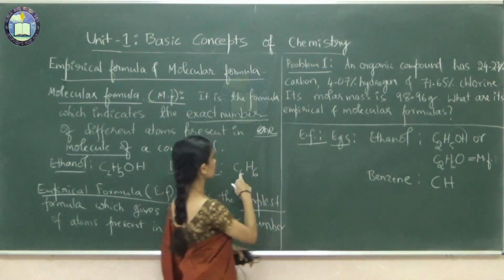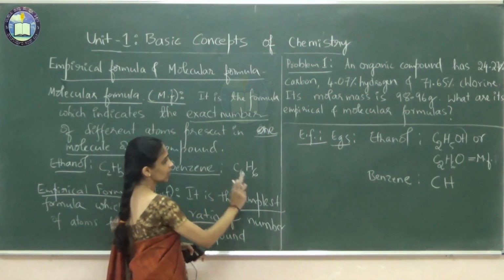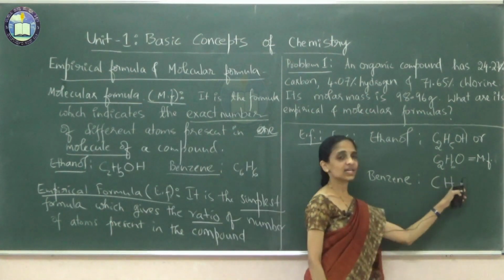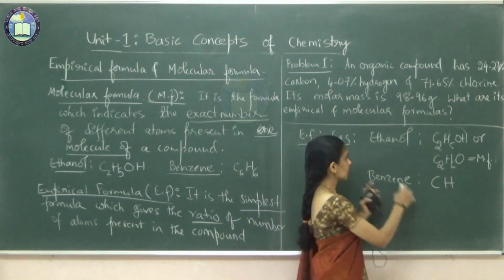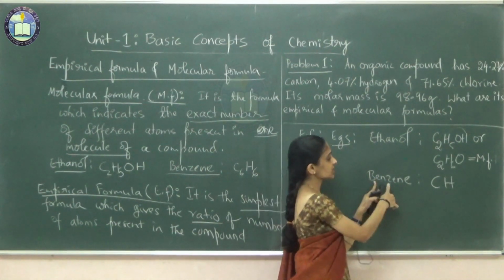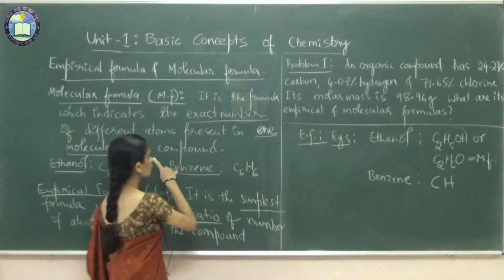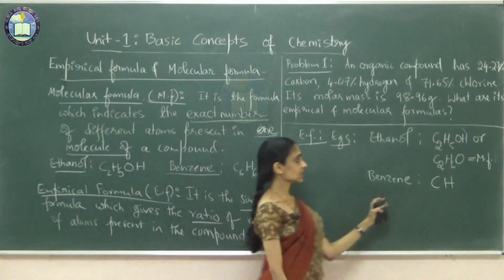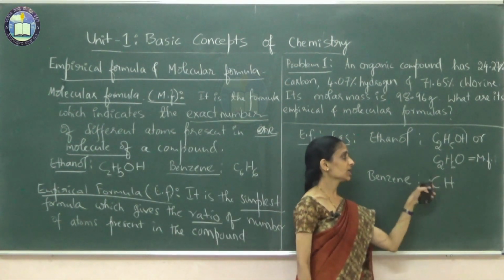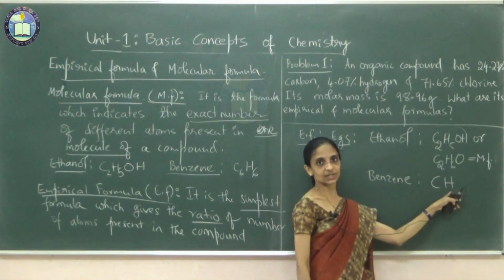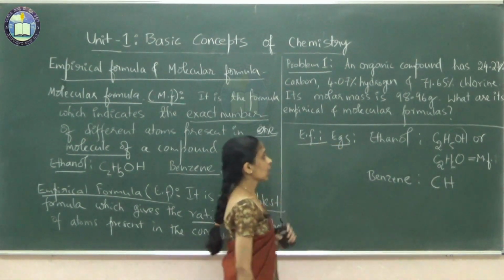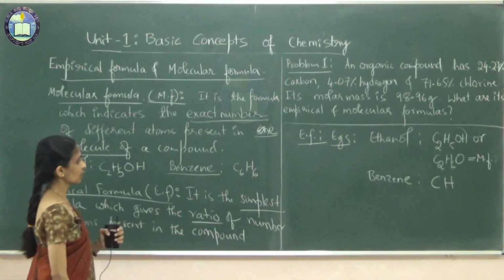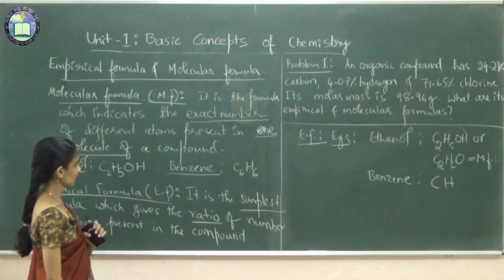If you take out the common factor 6, then you get CH. So now empirical formula of benzene is not equal to molecular formula of benzene, but it is a further simplified formula which is nothing but CH. Okay, so that was about the two formulae.